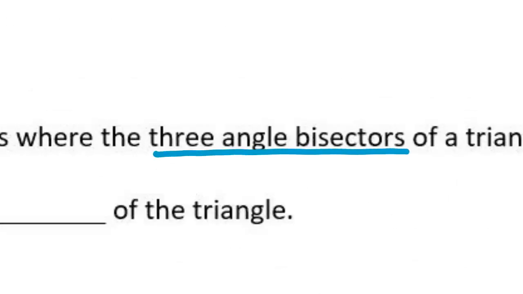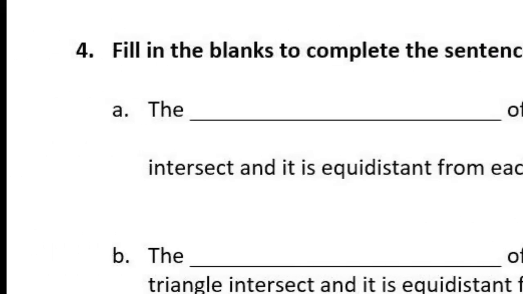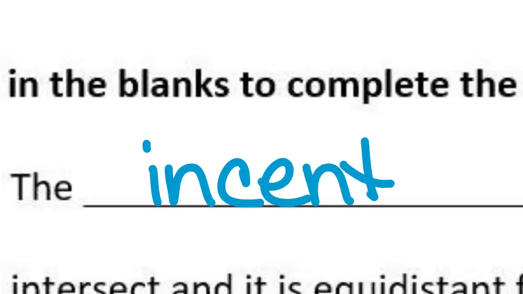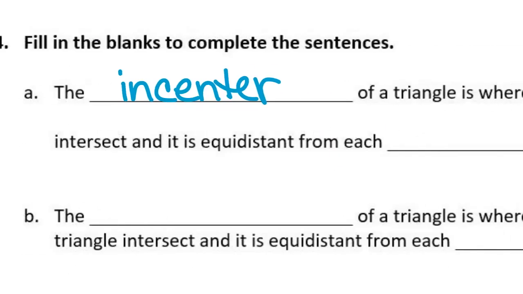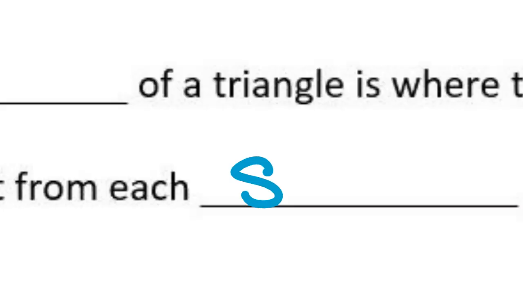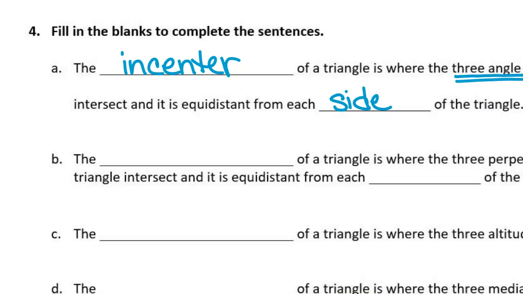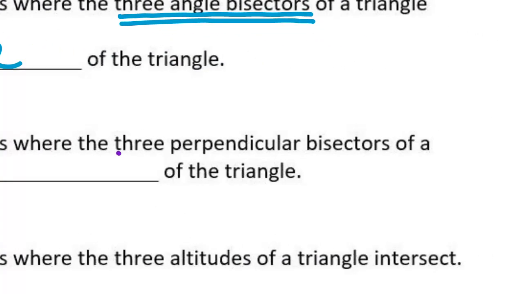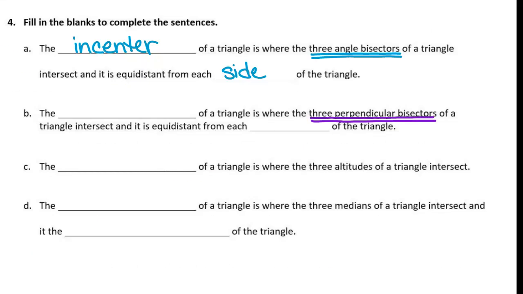The 3 angle bisectors of a triangle, where those intersect, we call that the in-center. And the in-center is equidistant from each side of the triangle. Does anybody remember what we call it where the 3 perpendicular bisectors intersect?